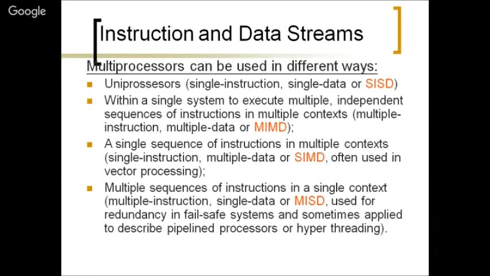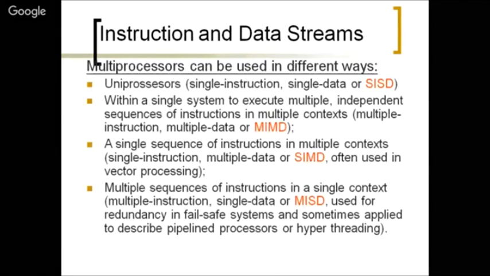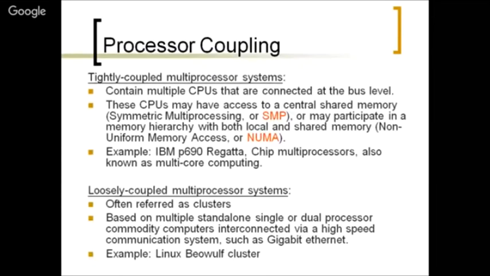Last, we have multiple sequences of instructions in a single context, that is multiple instructions, single data. So there are four types: SISD, SIMD, MIMD, and MISD. Out of those, usually we prefer MIMD because the resource utilization is better than among all the other combinations.